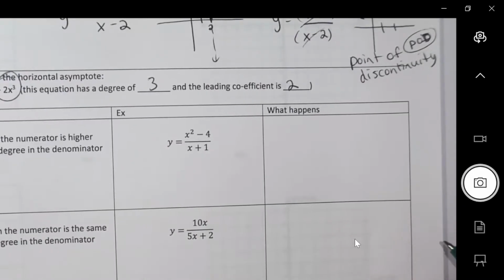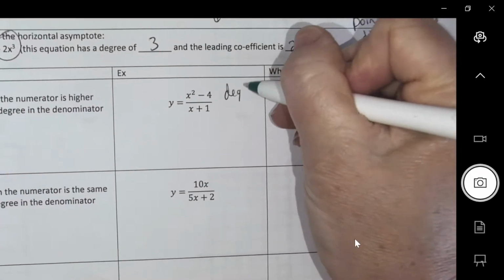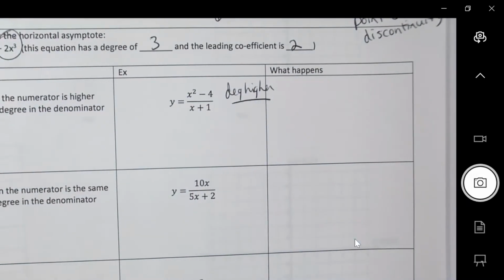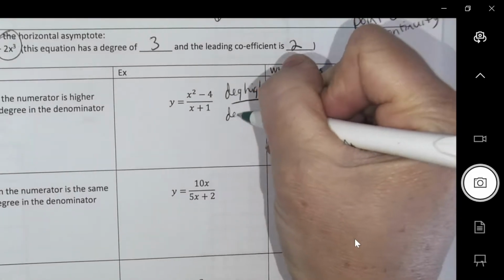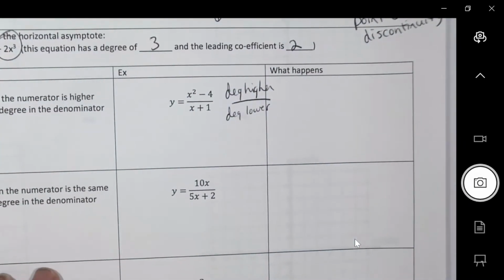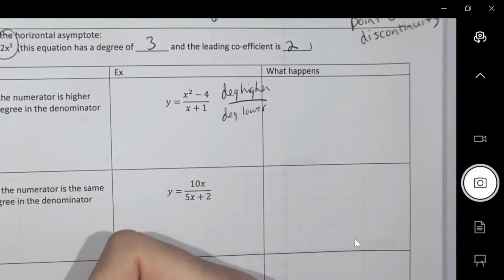Okay, here's the 3 situations. If the degree is higher on the top, so if you have a higher degree on the top, what happens in math when your top number gets bigger and bigger and bigger?